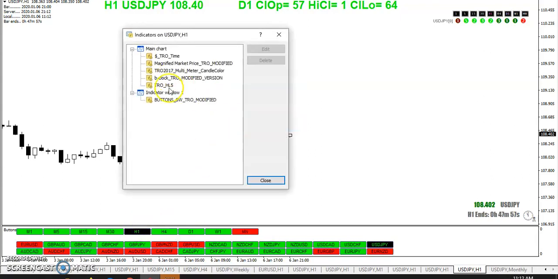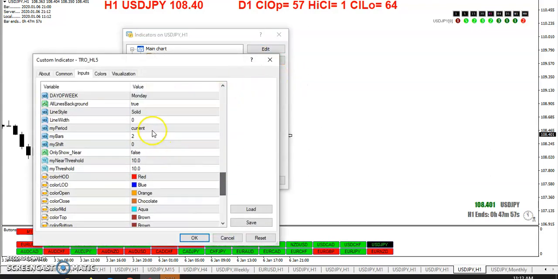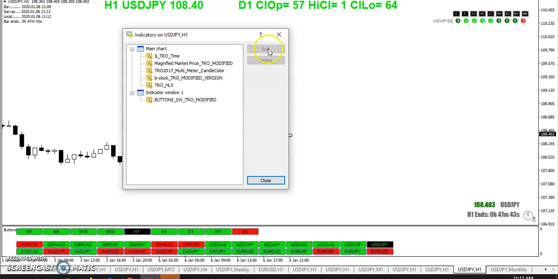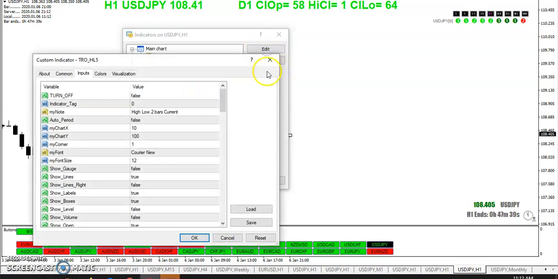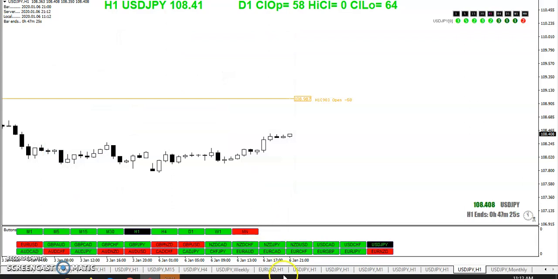And let me go back to the indicator. And let's do current period. But let's put in 0 bars, if I remember correctly. No, that's not how that indicator works. Let's look at the last 1,000 bars. I think I might have to update that indicator so that if you put in 0, it uses the visible bars on the screen.